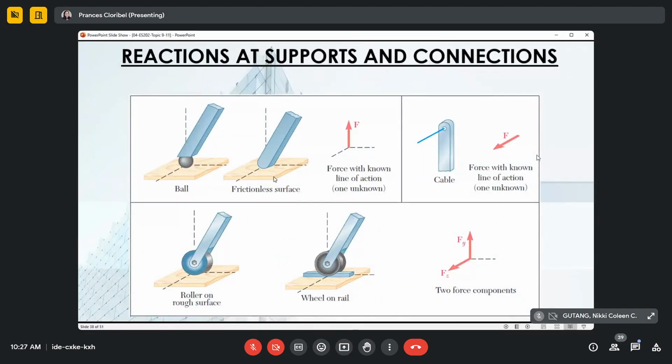The body will act, no, or exert a force towards the body of our consideration. Okay? So mo gid ato ikon third law of motion. In every action, kung si body na siya action towards the surface, si surface nasa da siya iyahang exert towards the body. Okay? And that depends on how it is being supported or connected from the surface or from the other body towards the body of consideration nato.